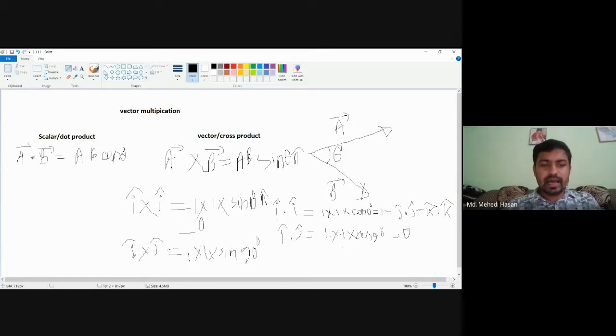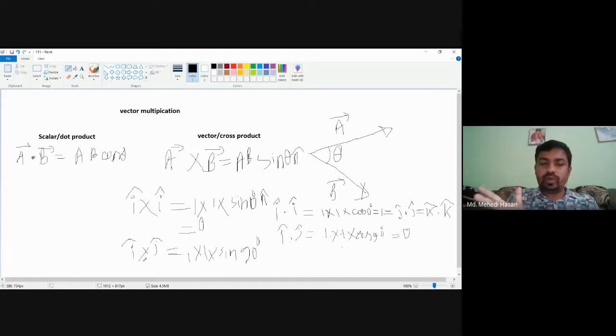That means if you consider the x-y plane, then perpendicular is the z direction. So x, y, z. Going from x to y, it will be upward direction.